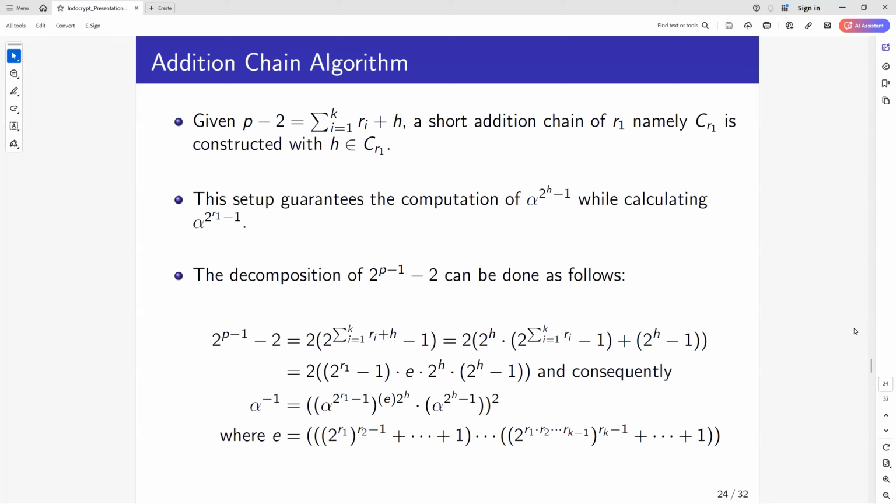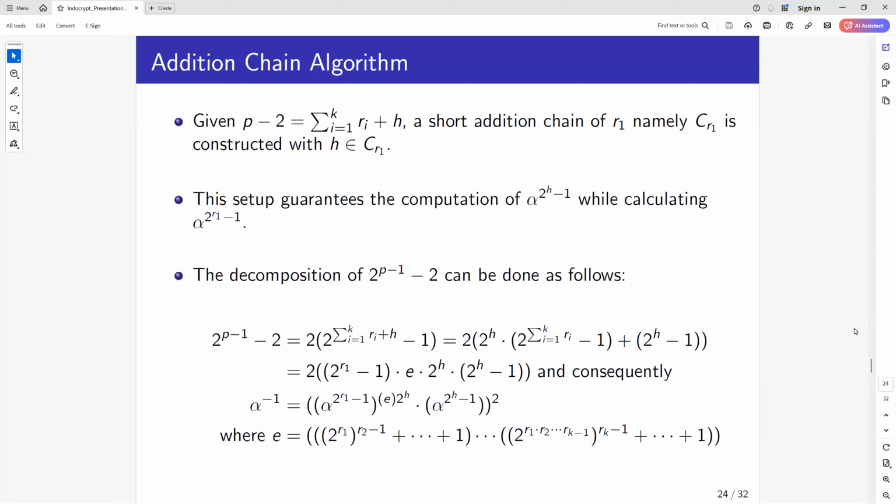Let's say we pick r1 and we make a short addition chain of r1. The remainder h has to be one of the elements in the short addition chain of r1 or any other factor.